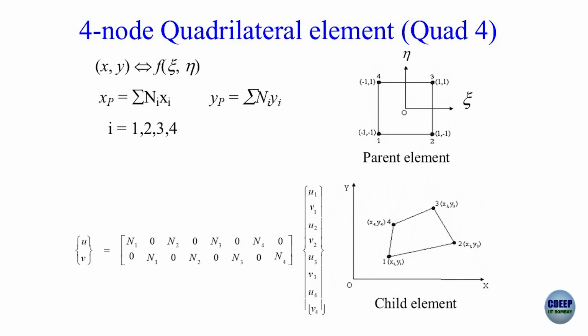It is written as N1 u1, N2 u2, N3 u3, N4 u4. But because in 2 dimensions it will have 2 displacements u1 and v1, we write it in a compact matrix form. u, v at any point p inside the element is interpolated in terms of nodal displacements using these shape functions.